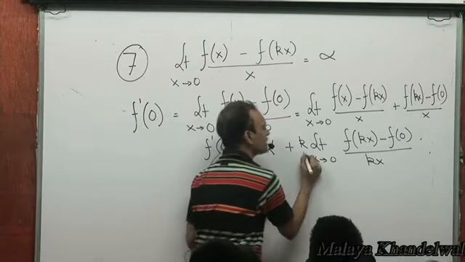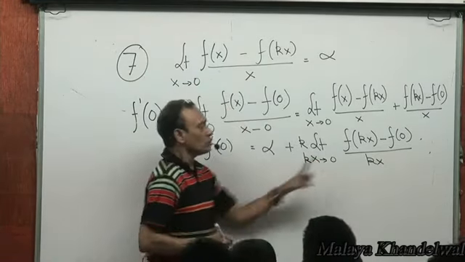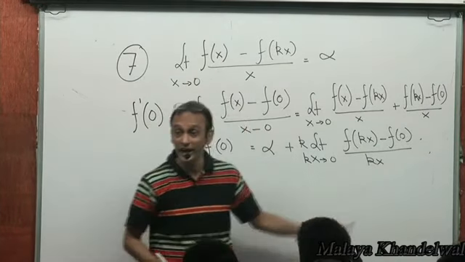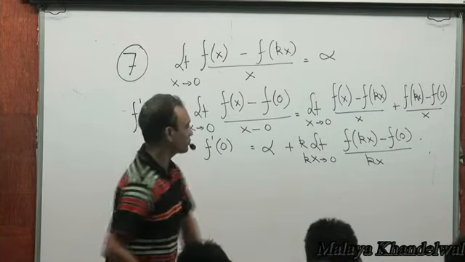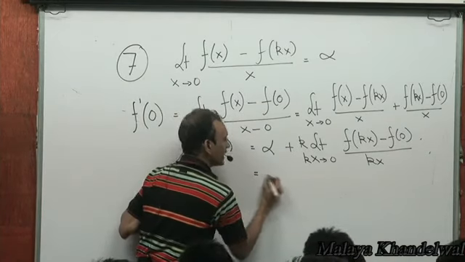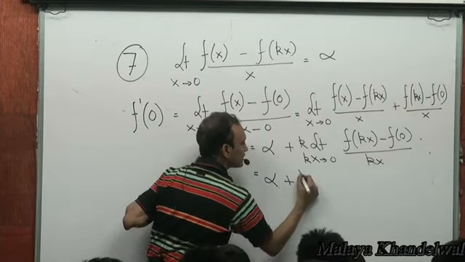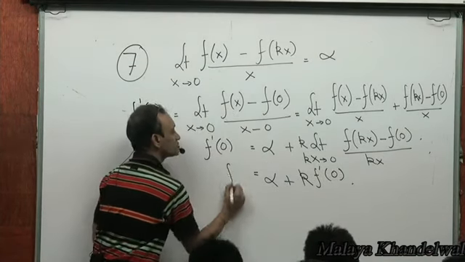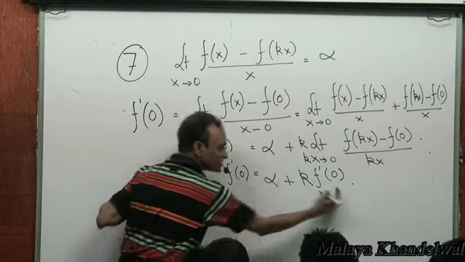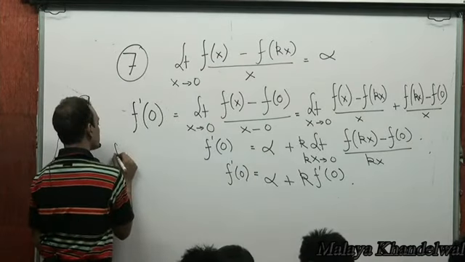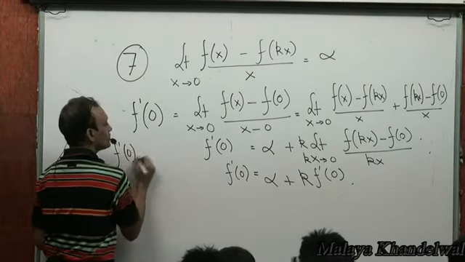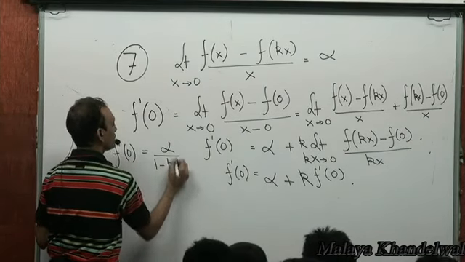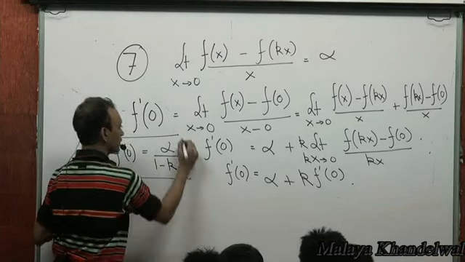X tends to 0 means kx also tends to 0. So this is f of something minus f0 by something as something tends to 0. That's going to be f dash 0, right? So this is going to be alpha plus k times f dash 0. This is all f dash 0. Now solve for f dash 0 by transposing f dash 0. Then it turns out to be alpha by 1 minus k.